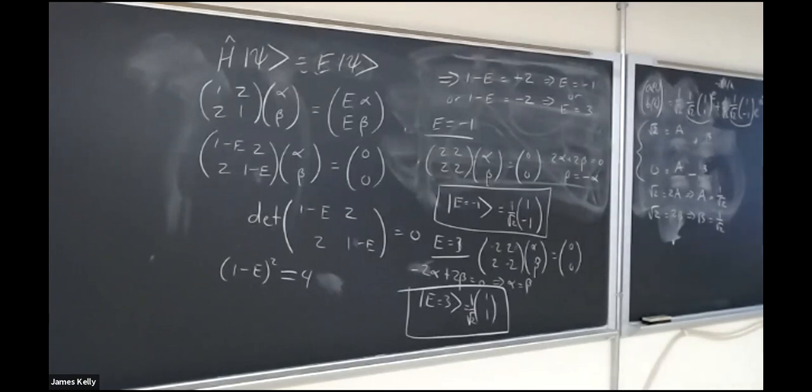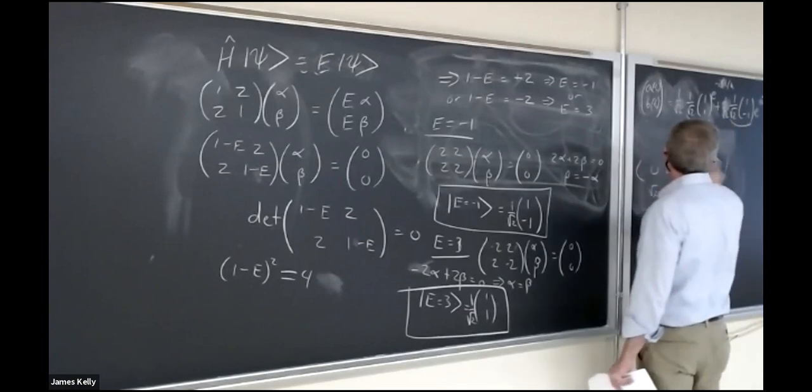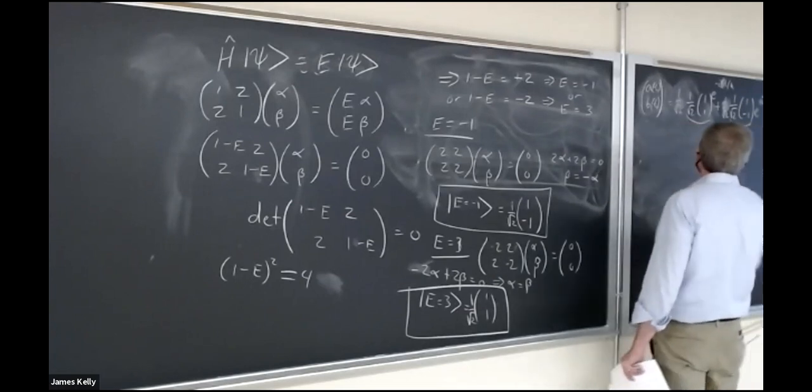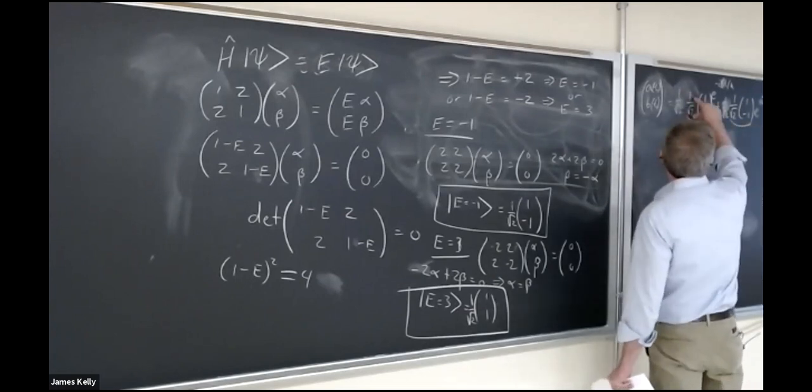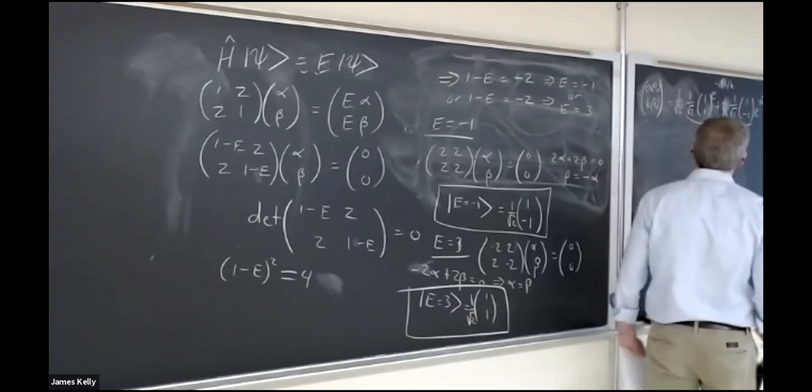And now I could put those together all into one glorious two-row column vector. Let me erase this stuff down here and let's combine it all together. Of course, this is just 1/2. This is also a 1/2.